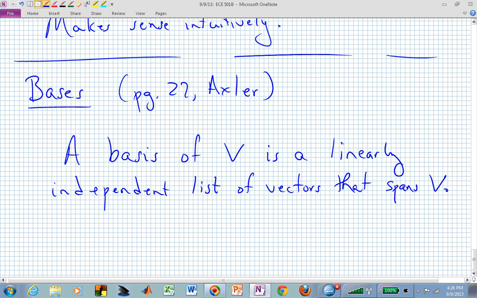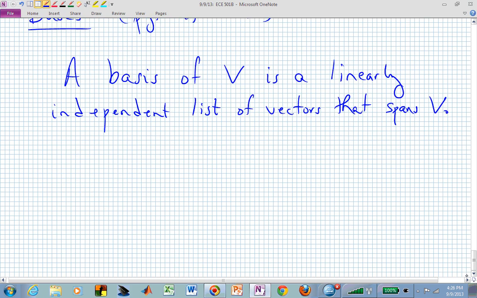To find one set of basis vectors, it not only has to be linearly independent, there can be no dependency among those vectors, but that set of vectors has to span the entire space. The combination allows you to use that as a basis of your vector space V. Here are some consequences of that concept.